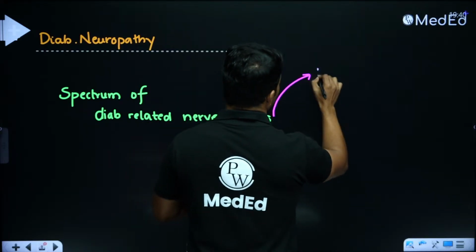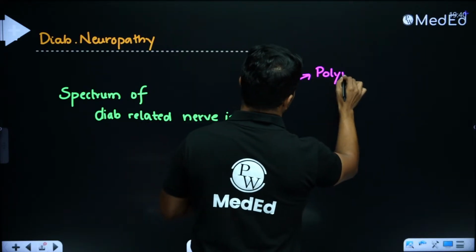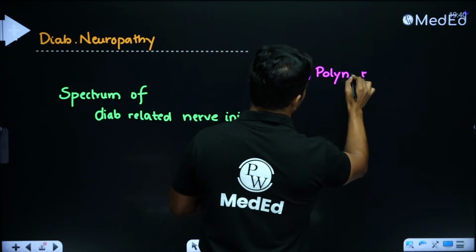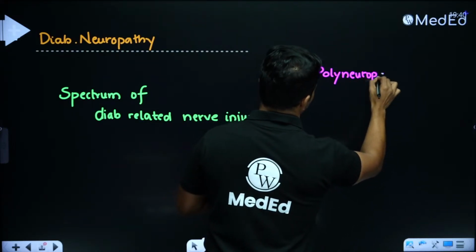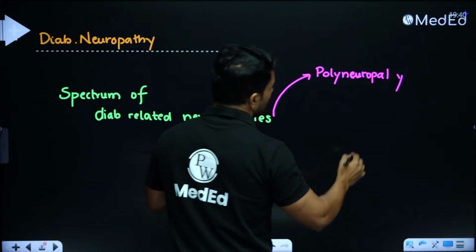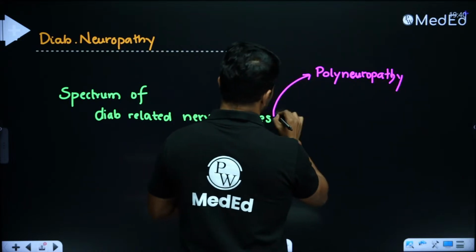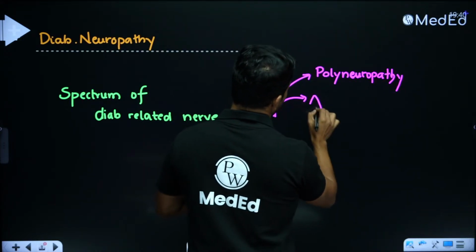One, it can cause polyneuropathy. It is known to cause autonomic neuropathy.